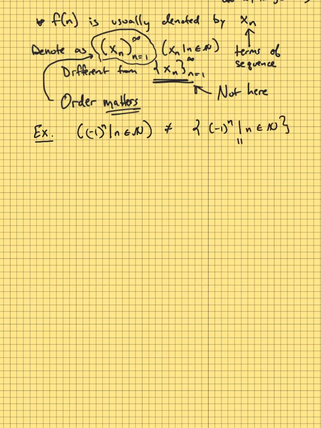In particular, the set is two points, -1 and 1, and the sequence is -1, 1, -1, 1, and so on. You can also think of this as an element of some infinite Cartesian product, but I'm just going to think of it as a function from N to R.